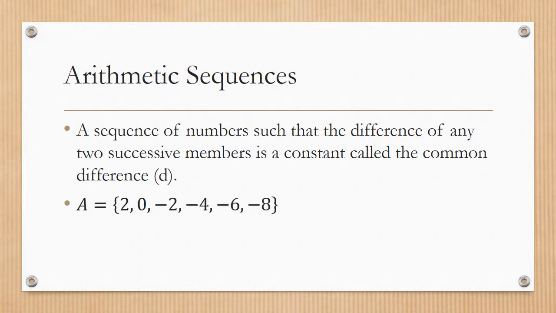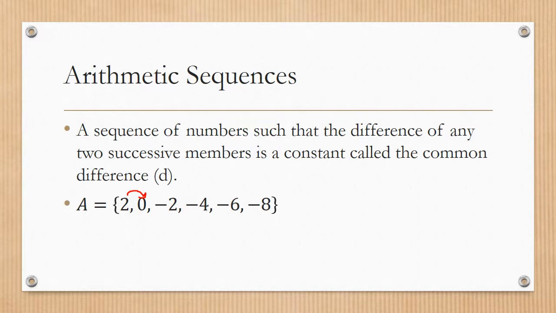Let's take a look at this example. We have this sequence 2, 0, negative 2, negative 4, negative 6, and negative 8. And this is an arithmetic sequence just because the difference between any two consecutive terms is constant.